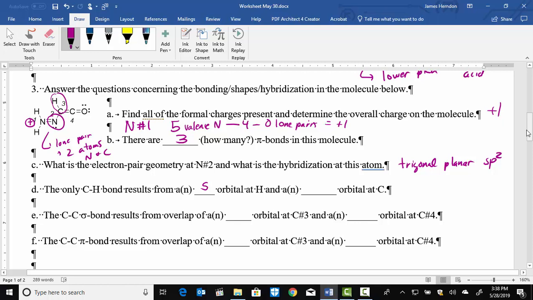And at C3, it looks like this is a trigonal planar carbon, so it's sp2. Remember that sigma bonds come from the s and p hybrids.